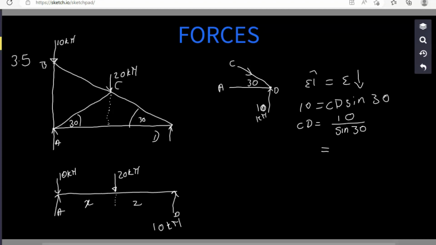And our CT, according to my calculator, is equal to 20 kilonewtons. It's positive, therefore we keep the sign. It will be like that. Mirror it, making it a strut.